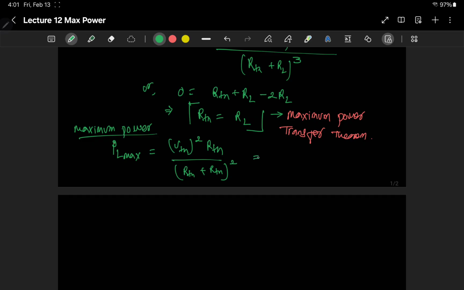If we simplify that, that will give us VTH squared divided by 4RTH. So if you have a one port network and the load connected is RL, then the maximum power that can be absorbed by that load is VTH squared by 4RTH.